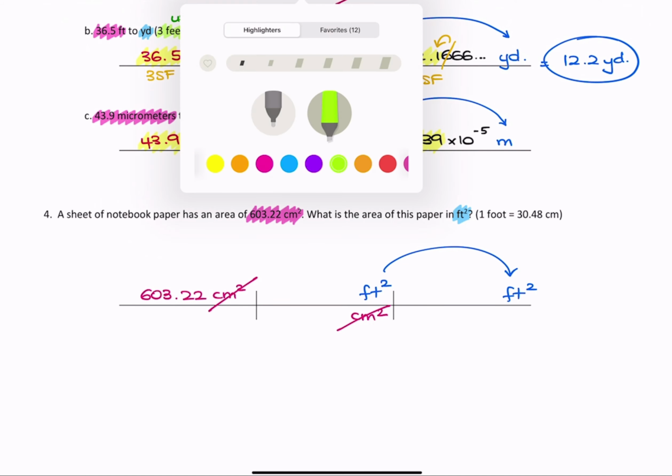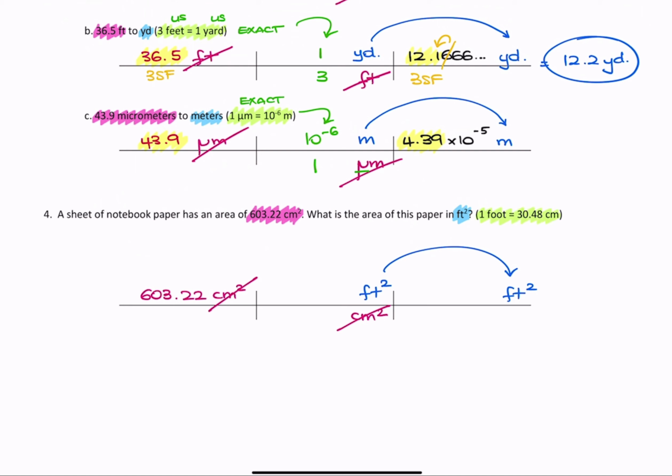If I look at the relationship that was given to me, it was given to me to the power of 1. Well, guess what? Not an issue. What you can actually do is bring to the square the entire relationship. By doing this, you end up with a new relationship, 1 square foot, because 1 squared is 1, so I can omit the square with 1, equal 30.48 square centimeter squared.